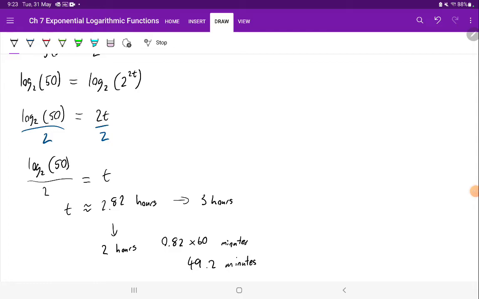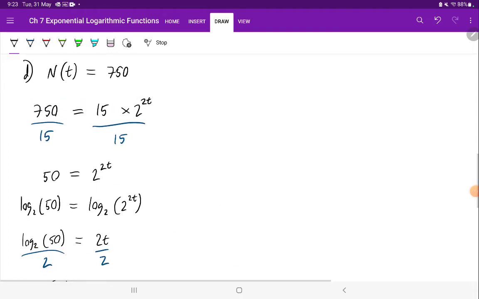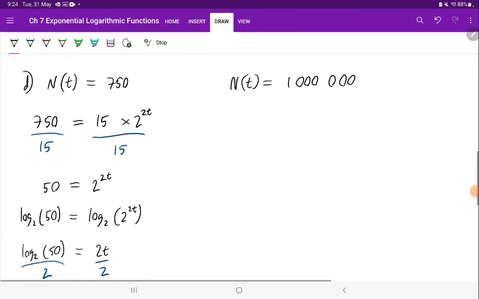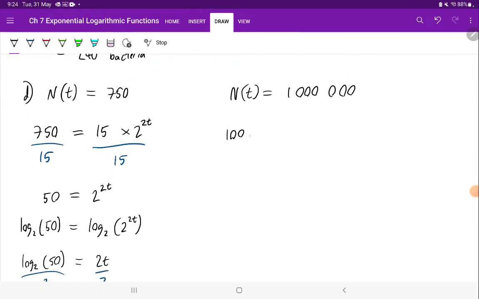Next one. For what value of t is n of t equal to 1,000,000? That's the second part of the question. So, once again, 1,000,000 on the left-hand side. Now it's going to be the exact same bit of algebra, so divide both sides by 15. In this case, I'm not going to even attempt to simplify because there's no real point.